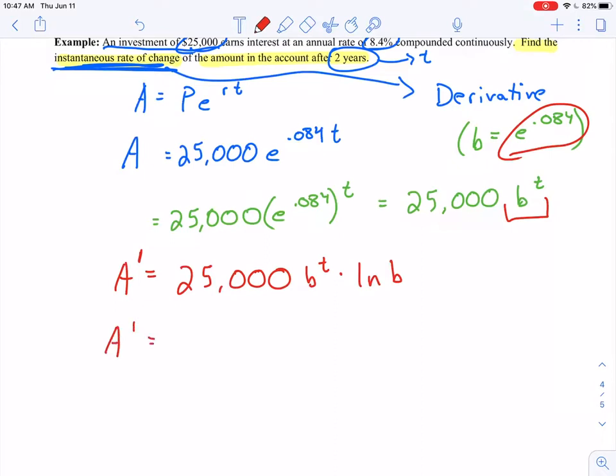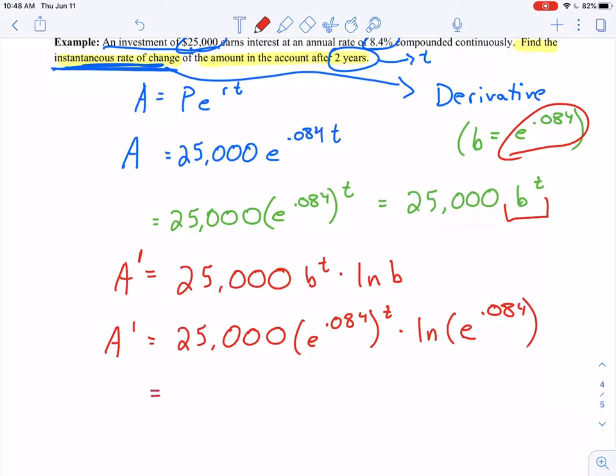A prime is equal to 25,000 times b, that's e to the 0.084 to the t power, times natural log of e to the 0.084. So a few things I can do here just to clean this up. Actually, before I do that, natural log of e to the 0.084, that's just going to be 0.084.